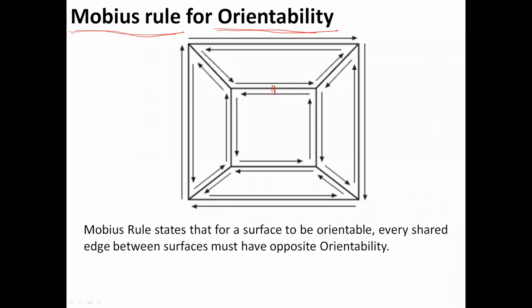So this edge is a shared edge. If I look at this surface, this is the orientability that I'll get, and at this surface, this is the orientability that I'll get.